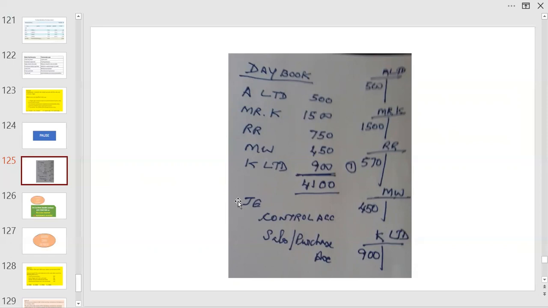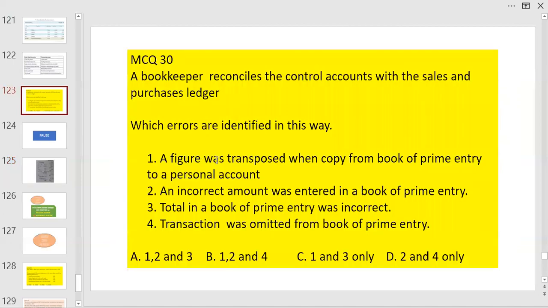Having said that, now we'll go back to the question again, where they say a figure was transposed when copied from a book of prime entry to a personal account. Now, when you say transposed, the amount is incorrectly entered.